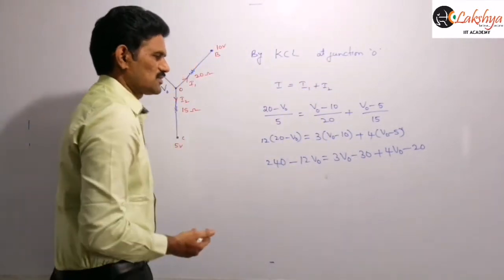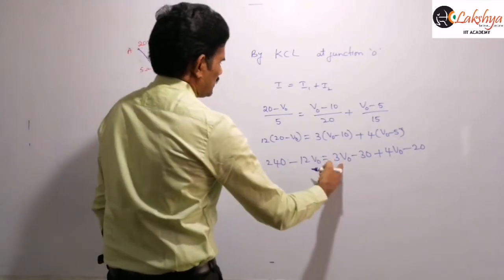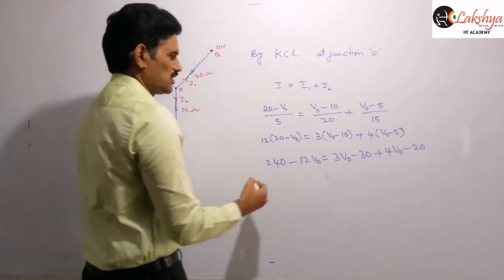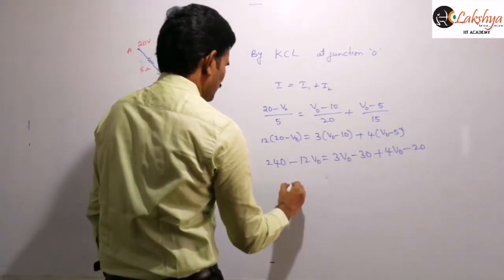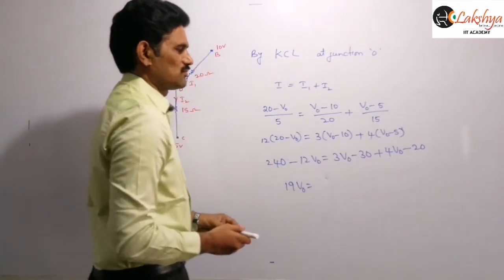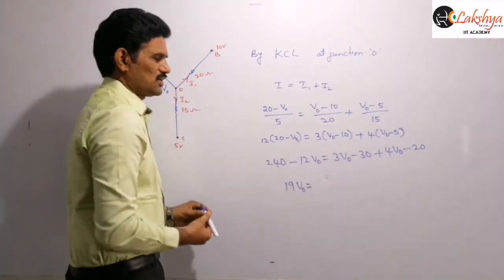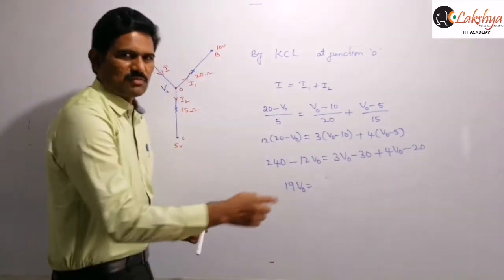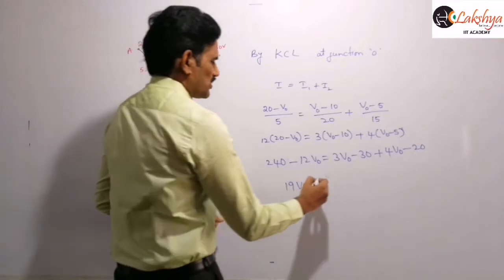Then it is 3 plus 4, 7, and this value will become plus 12. So then it is totally 19 V naught. So 19 V naught is equal to, now all the constant terms we need to write here. This is 30 plus 30 minus 30 and minus 20, 50, and so then it is 290.